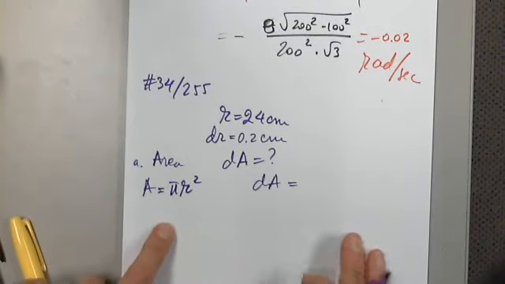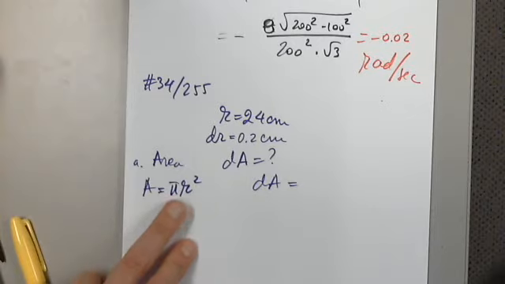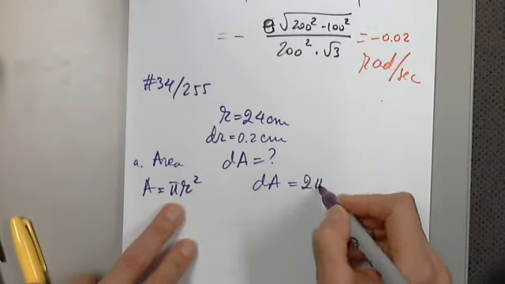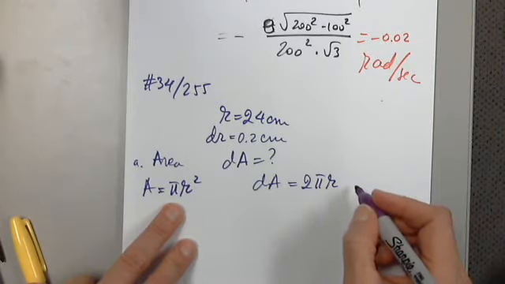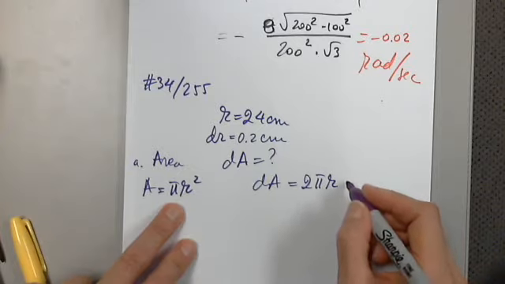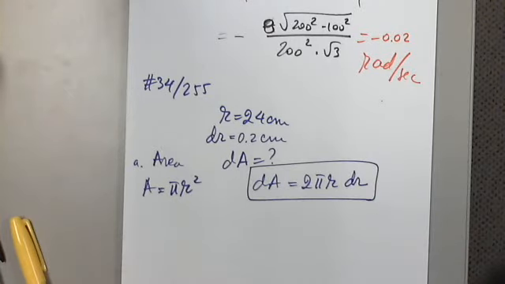Now let's write it first and then we'll plug it in. Is that 2 pi r times r squared? Thank you. The differential of A, just remember, there's a big difference between the derivative of the function and the differential of the function.